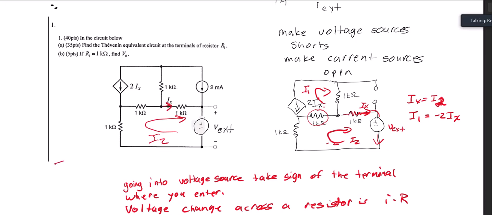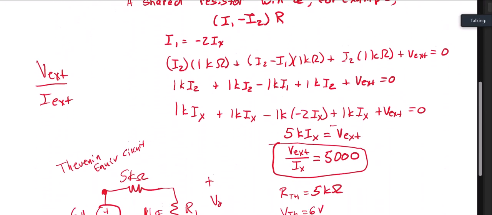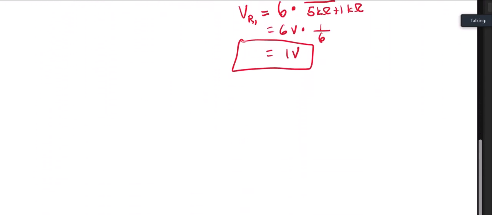And so I2 equaled IX, so I just did that replacement. And then also, I had I1 right here, and I1 is going in the opposite direction of this, so I1 was minus 2IX. So that was why. Okay, other questions?